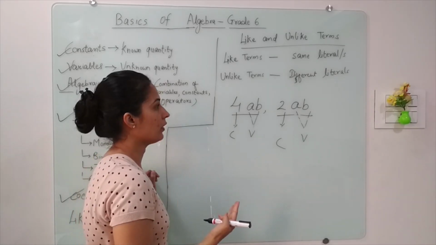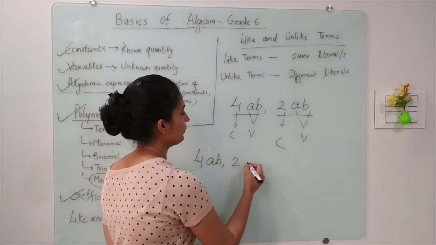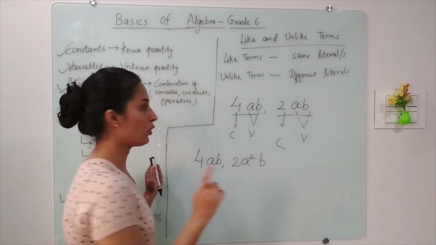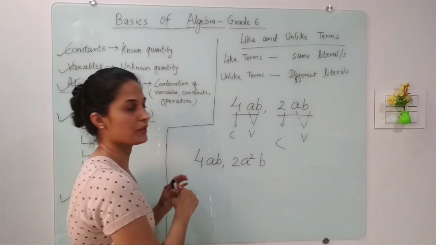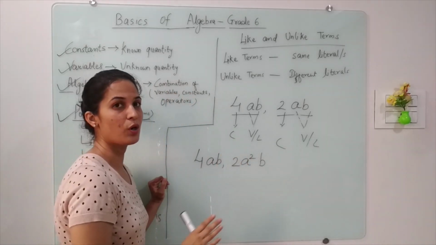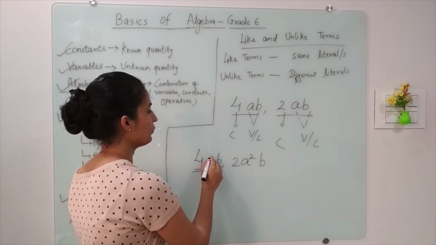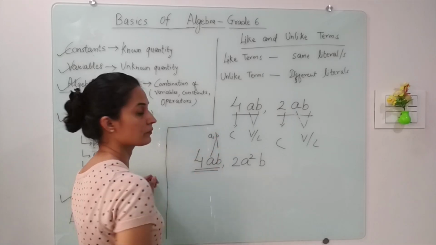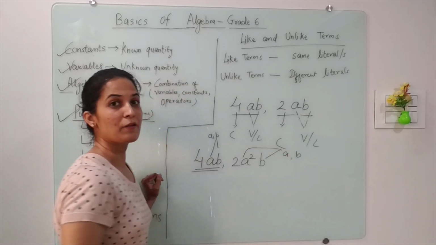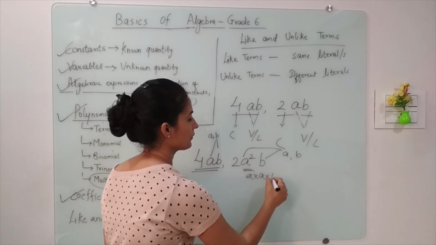Now let's try to understand more. If I give the example 4ab and 2a square b. Why are we calling them literals and not variables? I'll try to show you here. In this term, there are two variables, a and b. In this term also, there are two variables, a and b. But if you see the literals, then it comes out to be a into b.